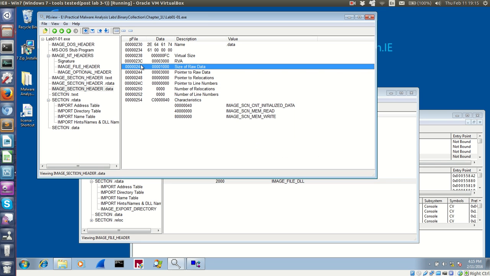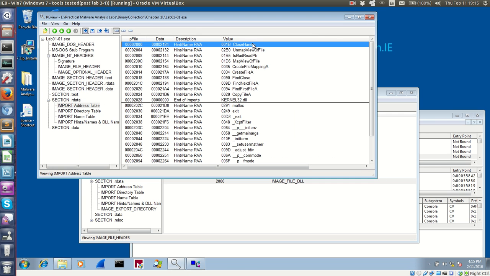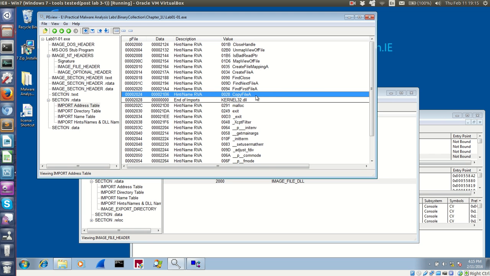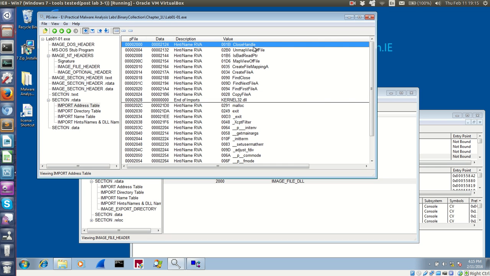The next question, do the imports hit what the malware does? Starting with the exe, we see that it's doing lots of file manipulation, creating files. FindNextFile and FindFirstFile are used for searching files, and obviously copying a file. CloseHandle would maybe be closing a file handle.